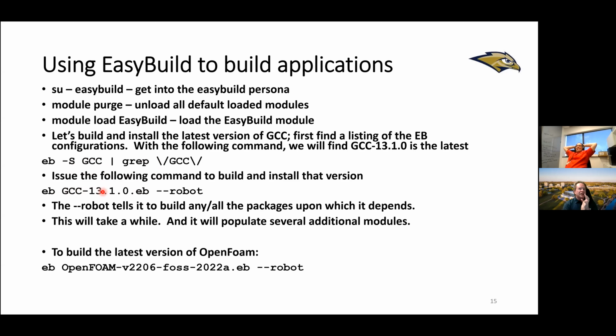And we're going to do a --robot. That tells it, if it depends upon other packages, to download and install those modules as well. And this particular one is a bad example because it takes a while, and it'll populate several additional modules.